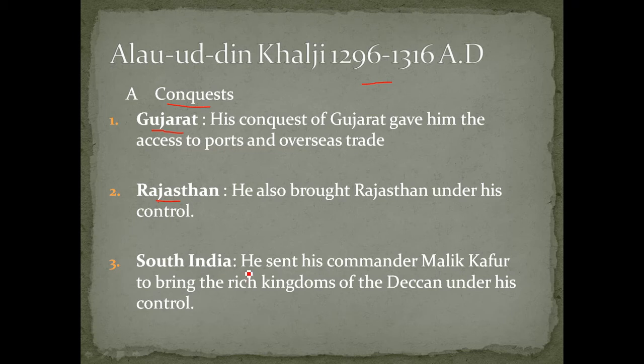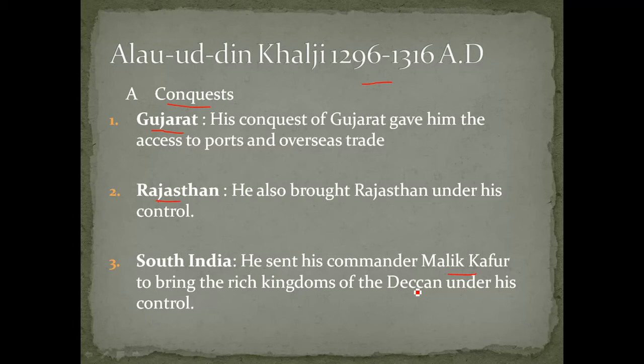Now, to annex South India, he sent his trusted commander Malik Kafur to bring the rich kingdoms of the Deccan under his control. So we need to understand that he conquered Gujarat, Rajasthan, and for South India, he sent his commander Malik Kafur.